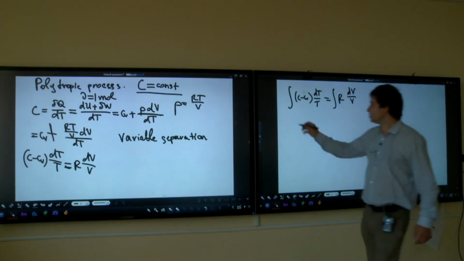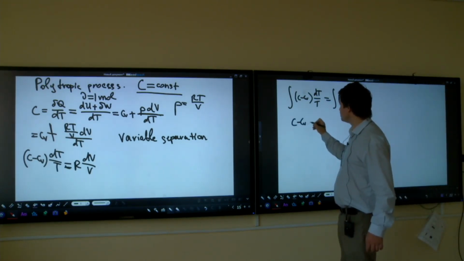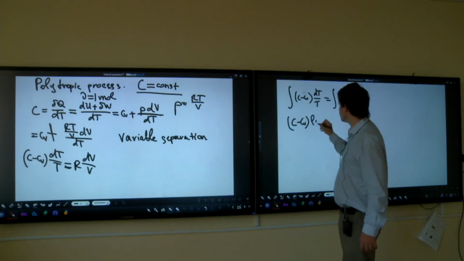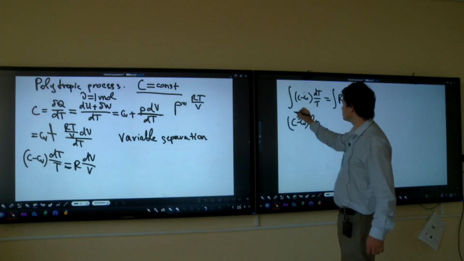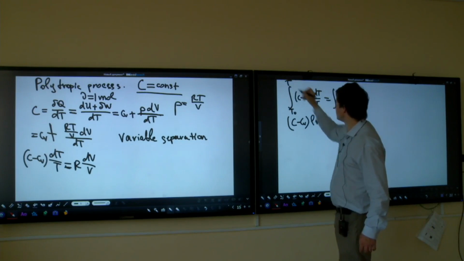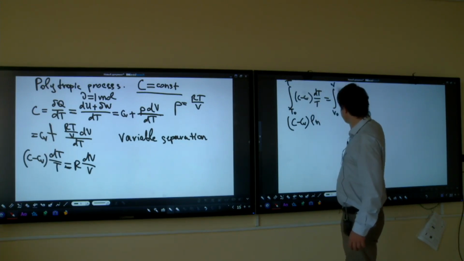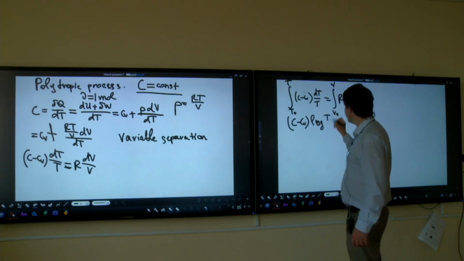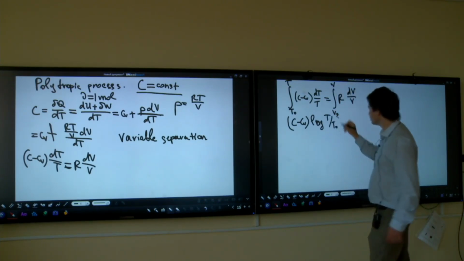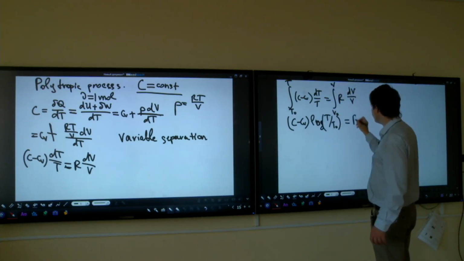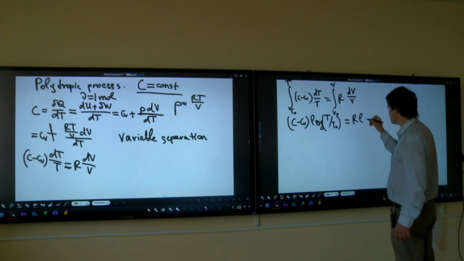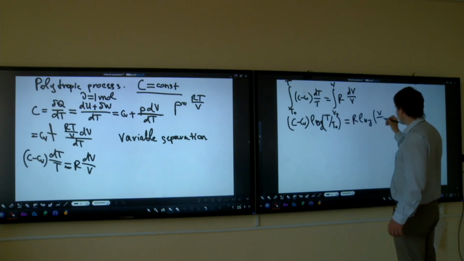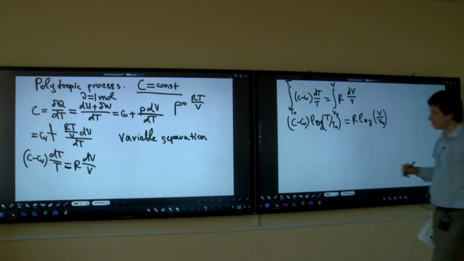From this you get (C minus Cv) times the logarithm of T over T0, from some initial conditions, equals R times the logarithm of V over V0.